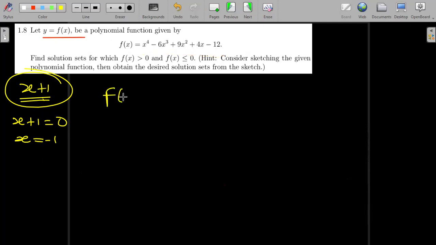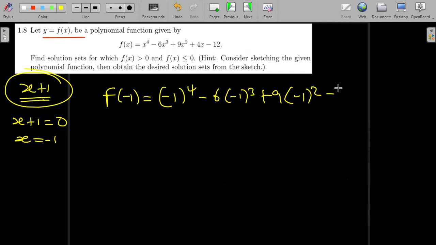So I'll say f of minus 1 is equals to minus 1 to the power 4 minus 6 times minus 1 to the power 3 plus 9 times minus 1 squared plus 4 times minus 1, and then minus 12.